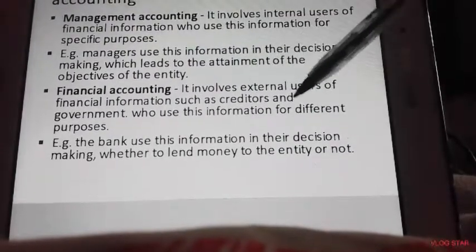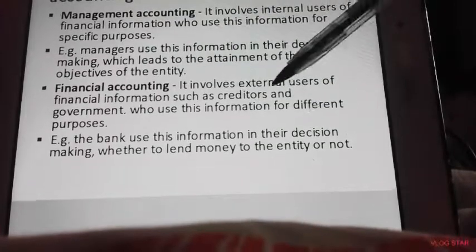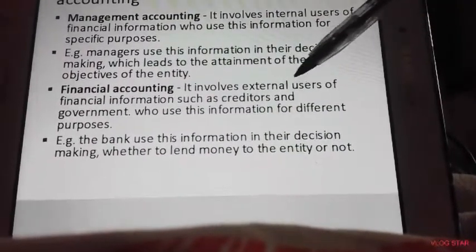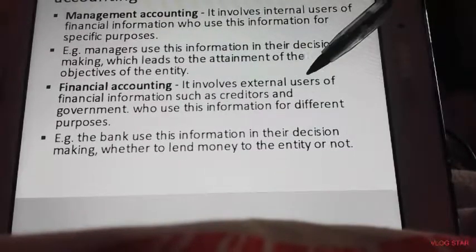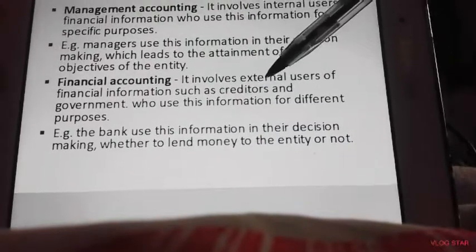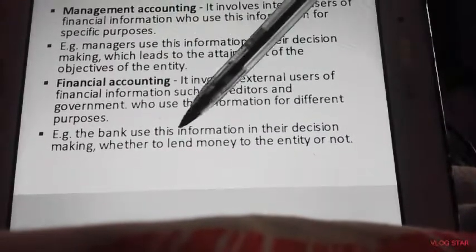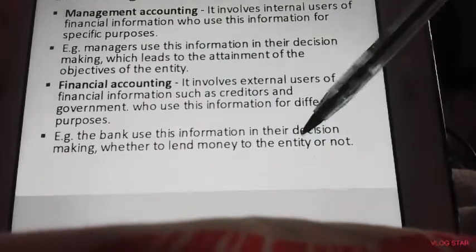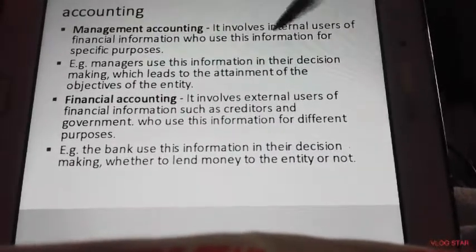For instance, a creditor, such as the bank, will use this information to decide whether they should lend money to us. And the government needs to look at our financial statements to decide how much we should pay in tax. So this is the difference.